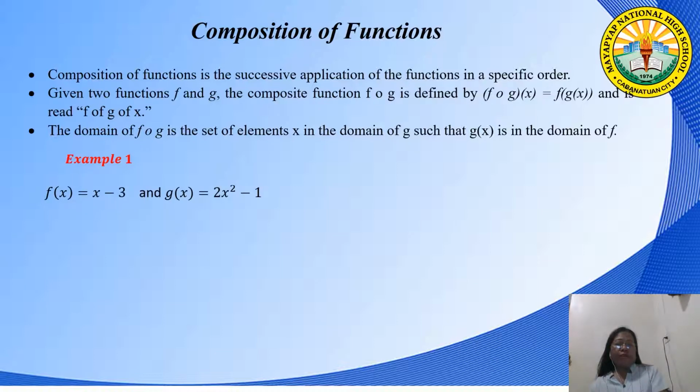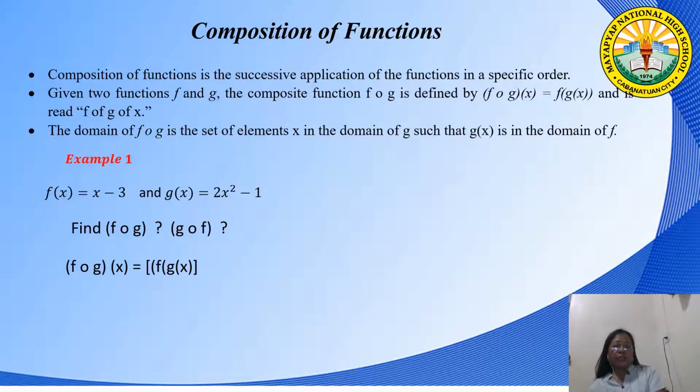Example: f of x equals x minus 3 and g of x equals 2x squared minus 1. Find f composed of g of x and g composed of f of x. F composed of g of x equals f of g of x, meaning to say the domain of f is g of x.